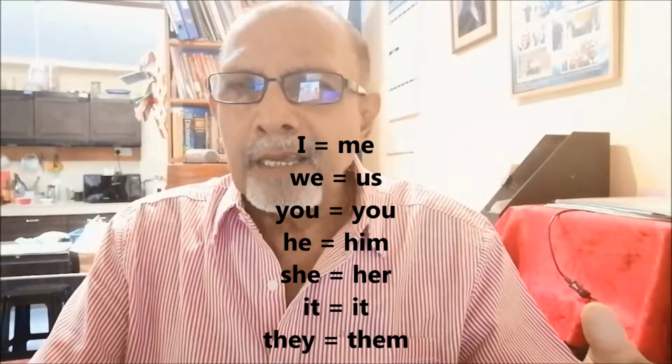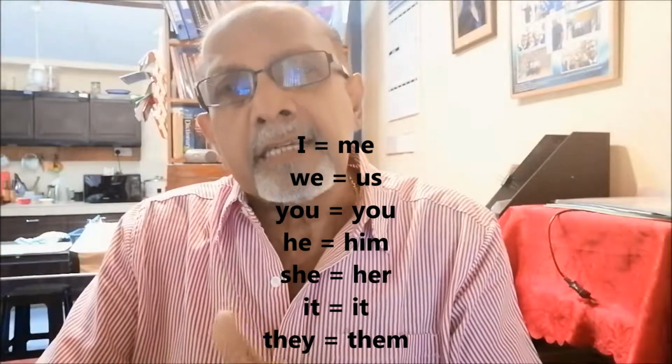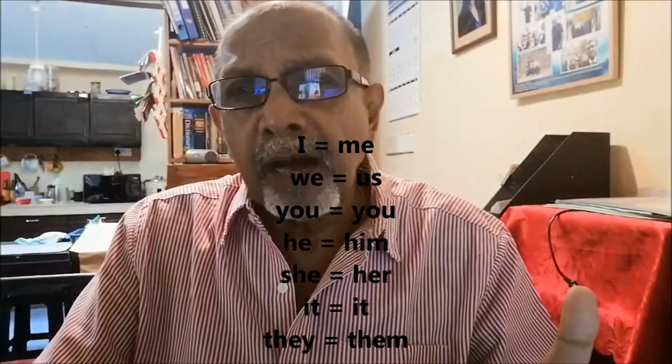He becomes him. She becomes her. It stays as it. And they become them. Right. So these are the object pronouns of the English language. How to use an object pronoun? You find out the object and relate that object to that pronoun.